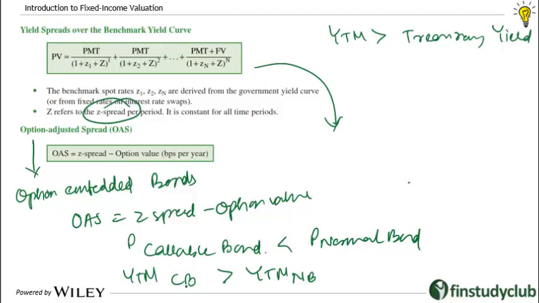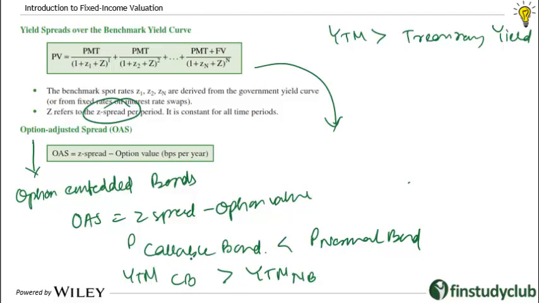Because there's a call option embedded within the bond which works against the investor, and hence the investor would pay a lower price, and that might just give us a misleading sense that the yield on the callable bond is more than the yield on a normal bond, which is not the case. This difference apparently between the yields is on account of the cost of the option. So may I say the difference between the two by and large captures the cost of the option.